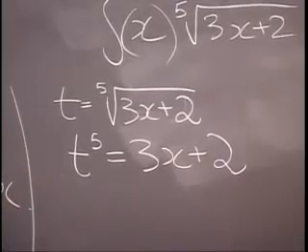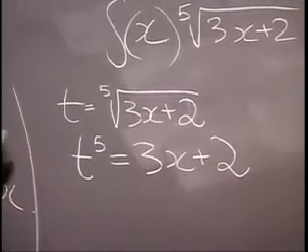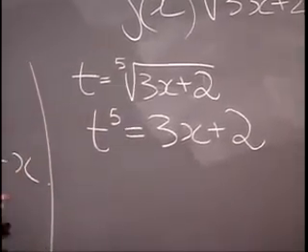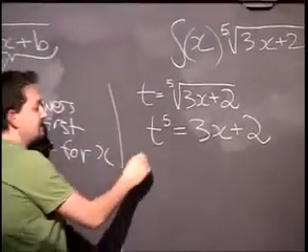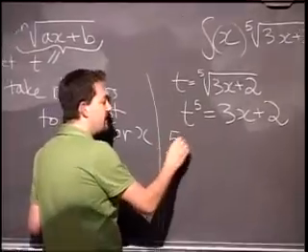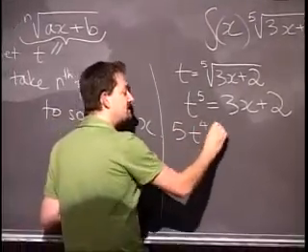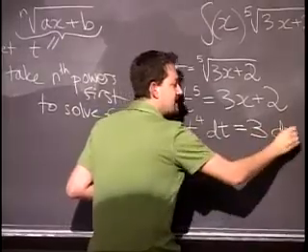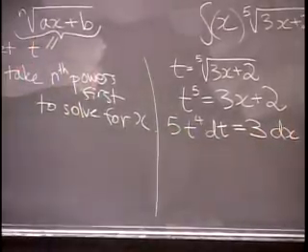This is allowed. Even though it's not just t equals something, it's t to the fifth, you can implicitly differentiate both sides and get the legitimate equation that 5t to the fourth dt is 3 dx. That's true.